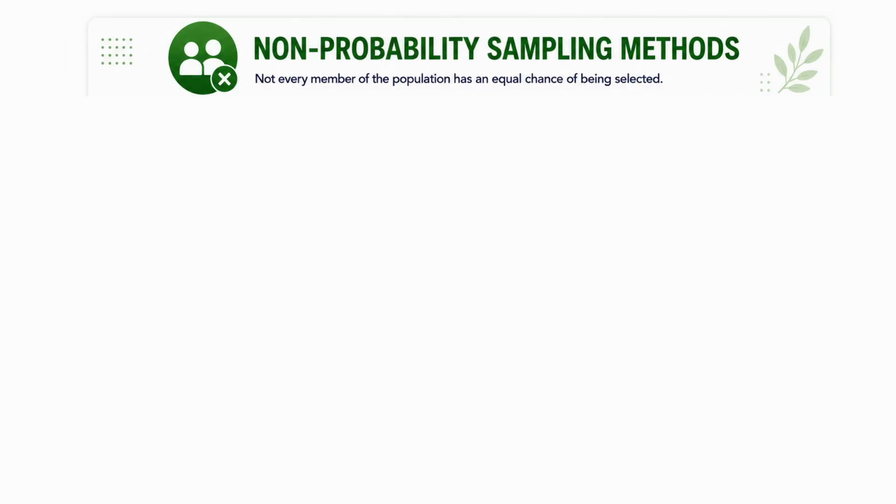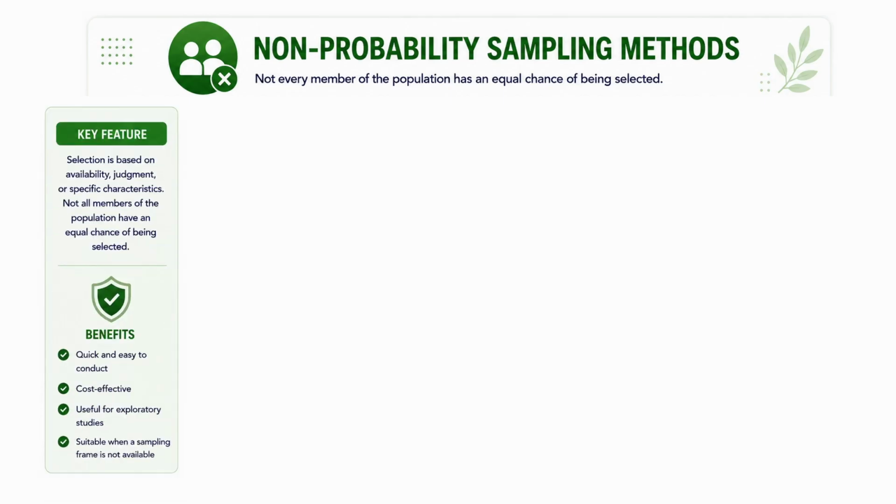Now we can go through non-probability sampling. In non-probability sampling methods, not every member of the population has an equal chance of being selected. Selection is based on availability, judgment by the researcher, or specific characteristics. Non-probability sampling is more biased compared to probability sampling.